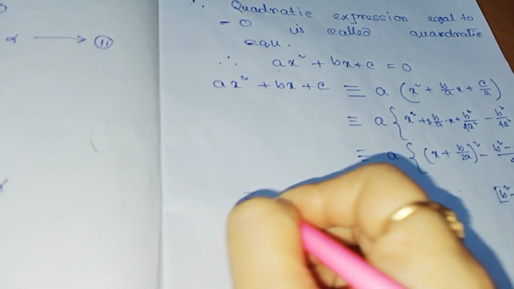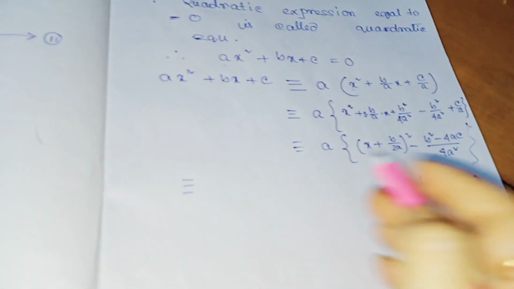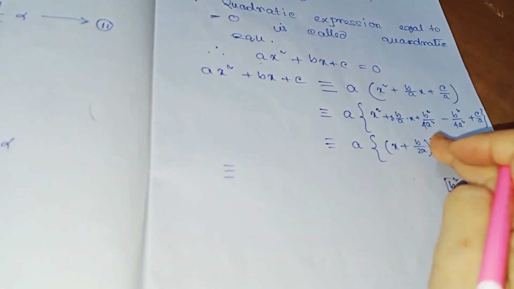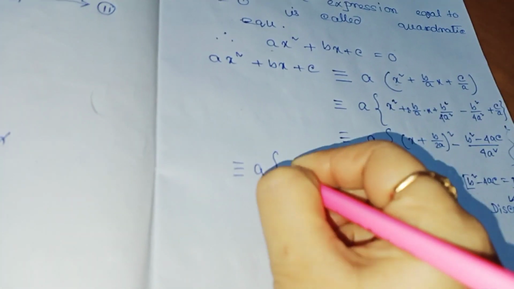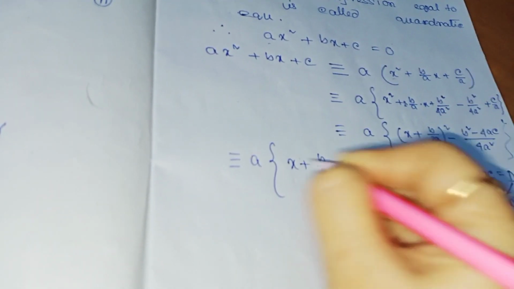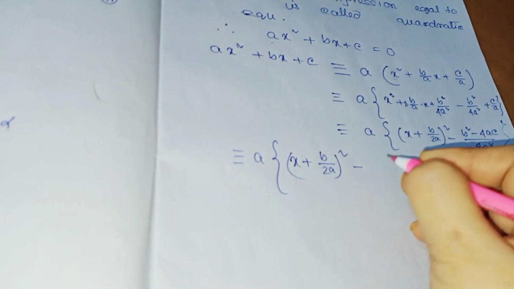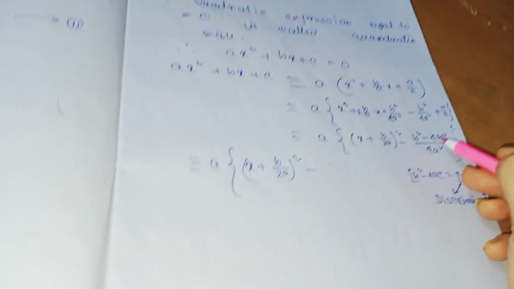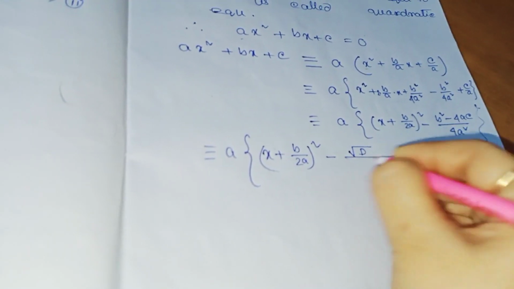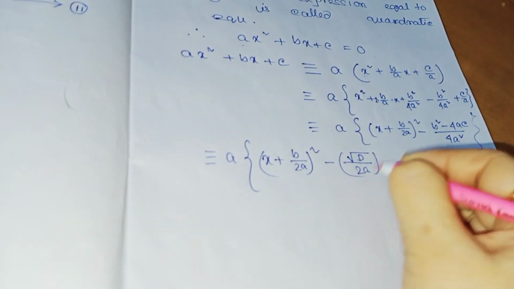As we make perfect squares of the two factors, so here we get x plus b by 2a whole square minus root D by 2a whole square.